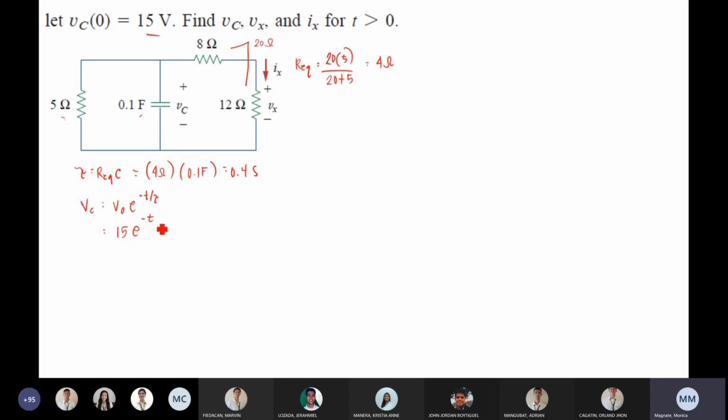So, yung V sub C natin equal sa 15 e raised to negative 2.5t volts. Since wala namang binigay na time, ganito lang yung magiging sagot natin. Naka-equation siya. Nakuha po ba?